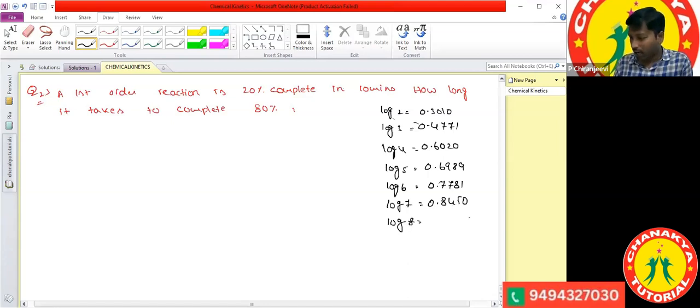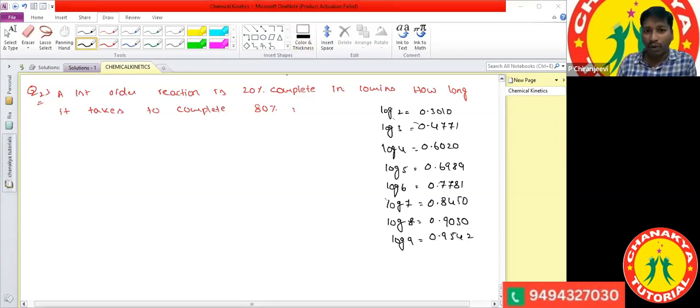So what is the log 8 value? 0.9030. Log 9 value is 0.9542. Actually all these log values are required for us in the calculation part of first order or zero order.